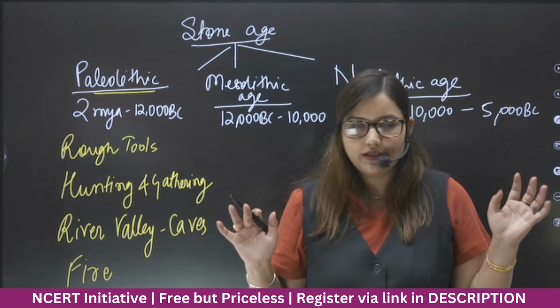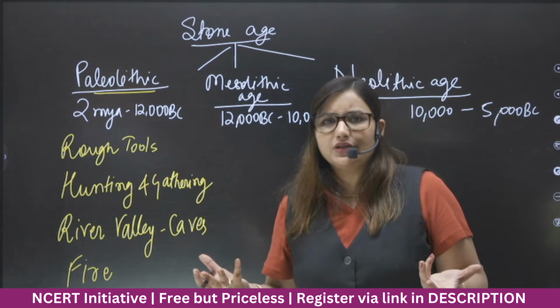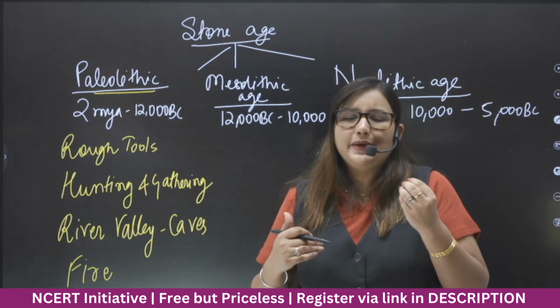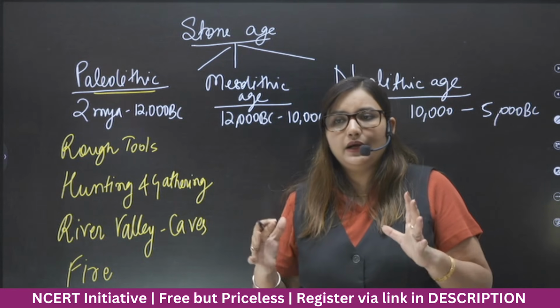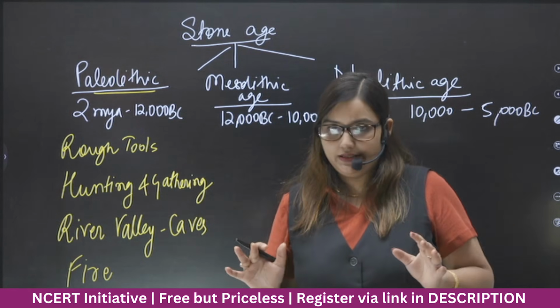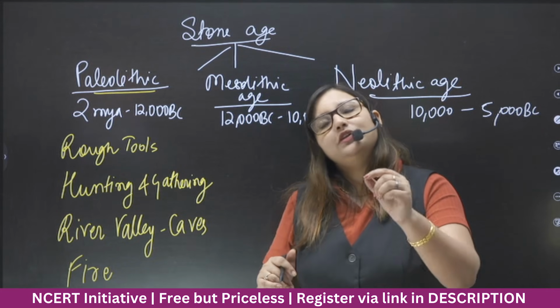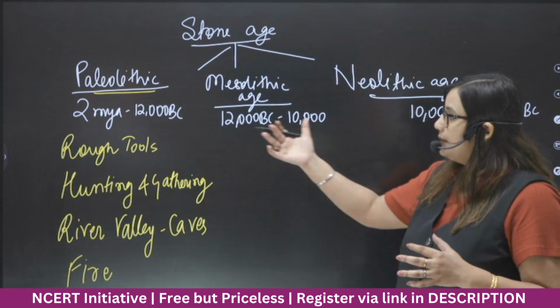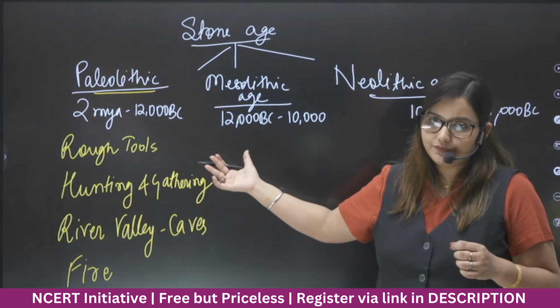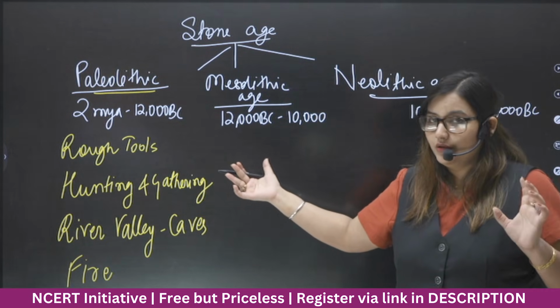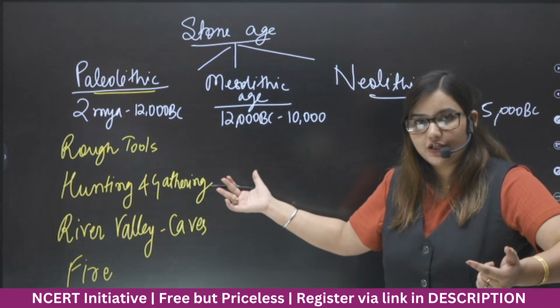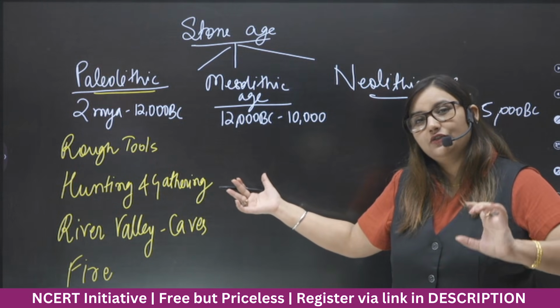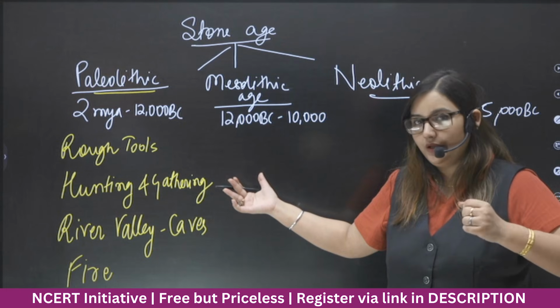Only hunting and gathering they used to do. They knew about seasons, they knew about basic living standards, but they were unaware in many senses. It is also due to the geological time scale that after a few years, climatic conditions changed. Climate became warmer. And due to this geographical shift, we saw a shift in the transitional period.